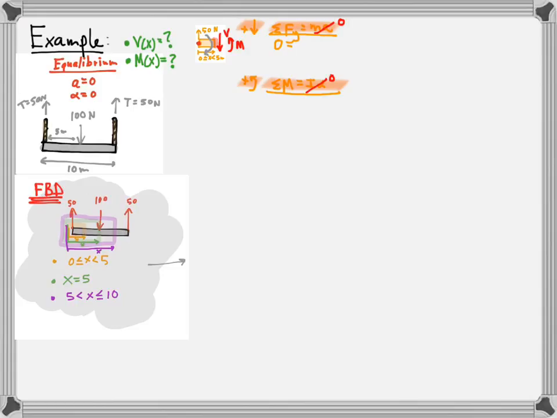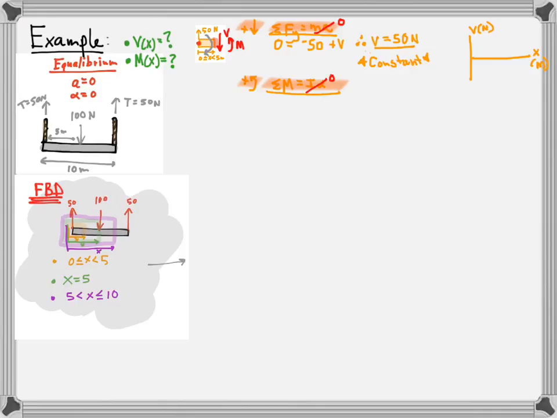So 0 equals, 50 is actually upwards, so that's going to be a negative 50 by our convention here. And then the only other force we have is a positive downwards shear force. And that's it. Therefore, V must equal 50 newtons.